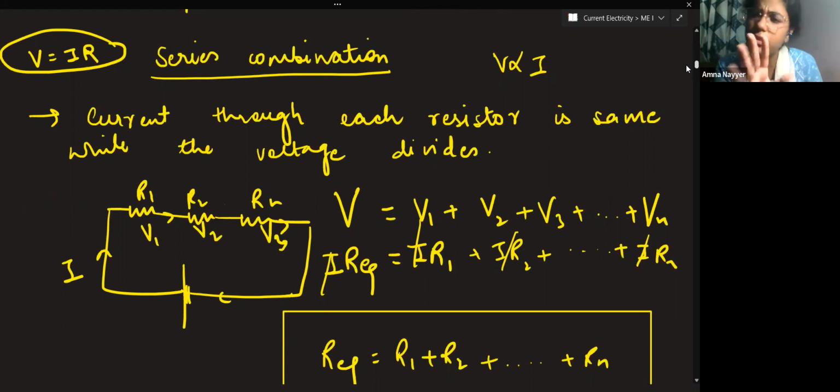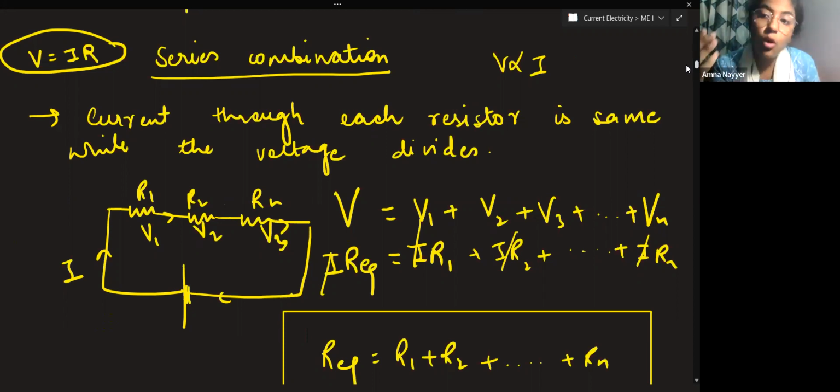So this is easy, but there are certain cases where you will not be able to identify whether it's a series combination or a parallel combination. So there are certain techniques to identify whether an arrangement of resistors is in series or in parallel.